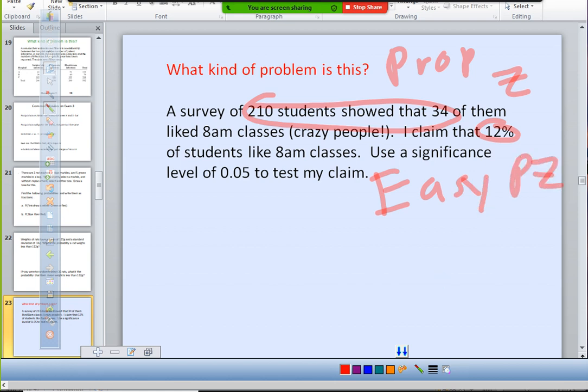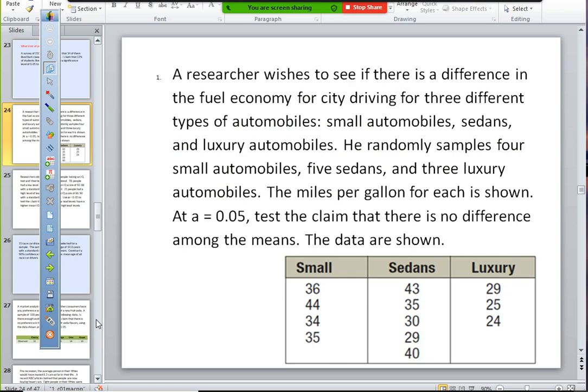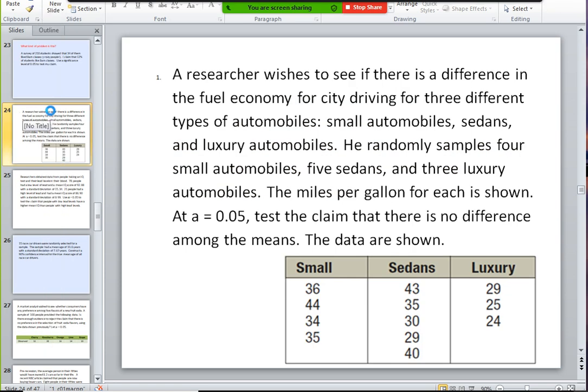And this is a hypothesis test, because I'm testing my claim. Good. Next one. What kind of problem is this? Take 15 seconds and I'll ask you guys.